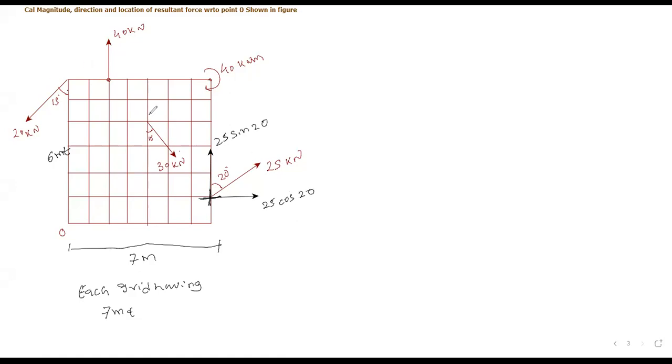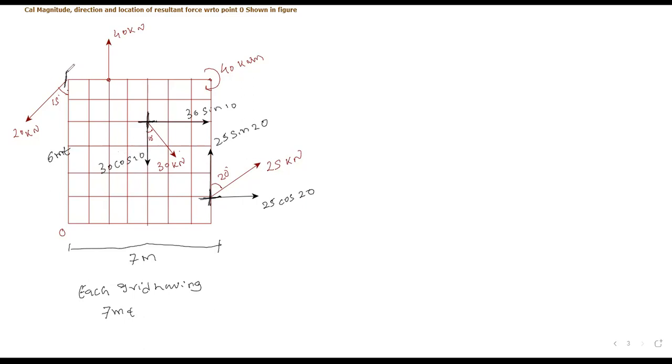Same way, draw x and y axis here. This force will be in a fourth quadrant. Resolve it in x direction resolution like this. I hope it is clear to all of you. Y direction resolution like this. Just a minute. Y direction resolution like this. That value will be 30 sin 10, 30 cos 10.